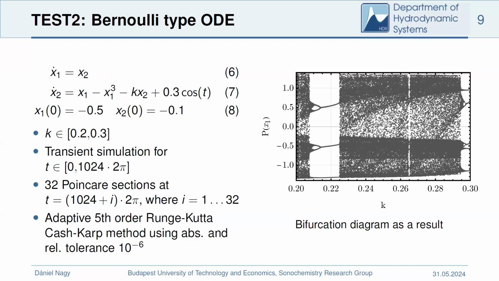So how this graph is created is that we are running the simulation until more than 1,000 cycles, and then for 32 cycles, at every 2 pi time, we basically record where the system is. And so, for example, here we can see that we have a periodic orbit because the system is either here or here.